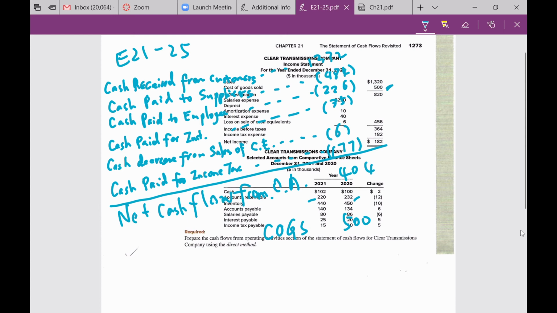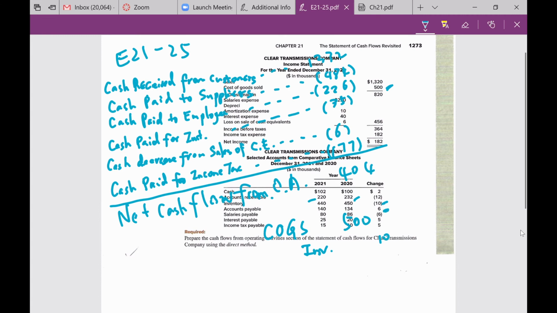Inventory went from 450 to 440, so it decreased by 10. Inventory decrease, you need to credit. We credit inventory for 10, and accounts payable increased by 6.